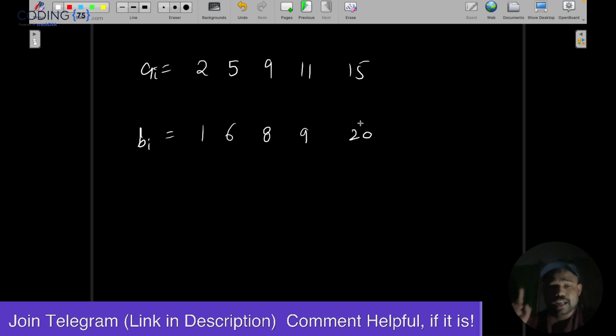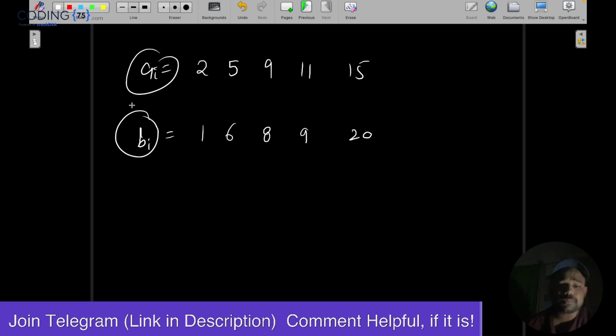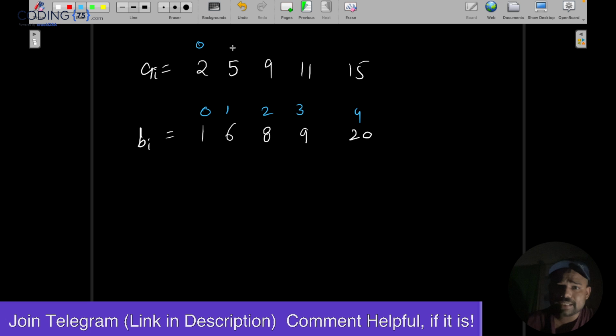Now see guys, the values of a should be smaller than b, because b contains the maximum difficulty a problem can have. So for every element of b, there should be at least one value in a that is less than or equal to it. That means there should be at least one value in a that is less than or equal to 1, one less than or equal to 6, to 8, to 9, and to 20.